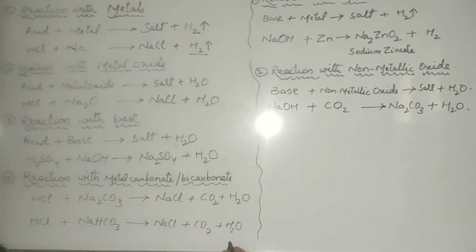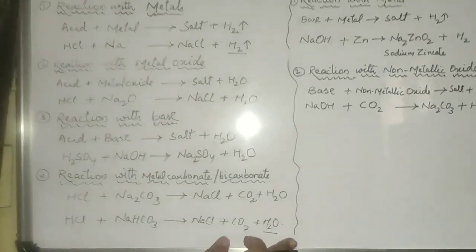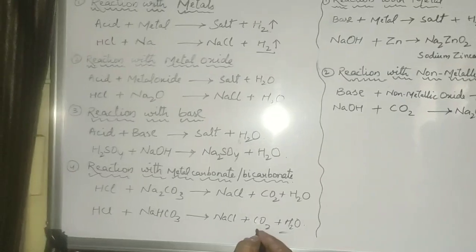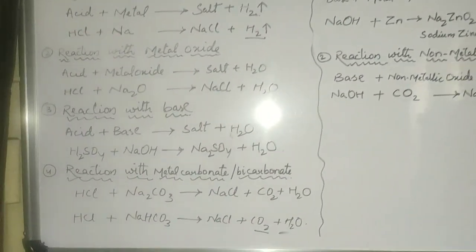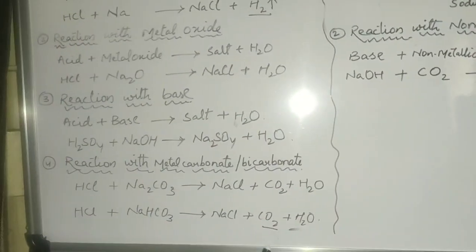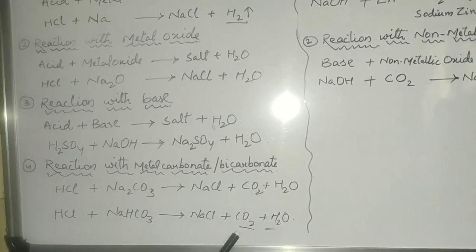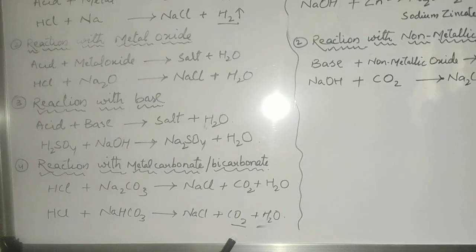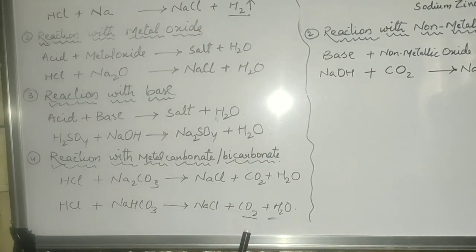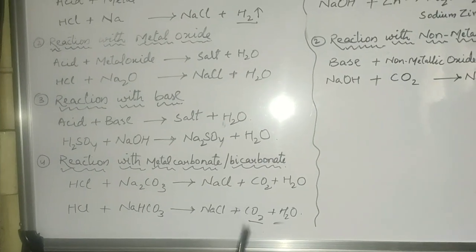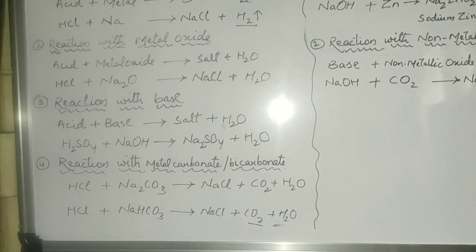Now, how can you check this carbon dioxide's presence? To test the presence of carbon dioxide, we can bring a burning matchstick nearer to it. If the burning matchstick gets extinguished, this confirms that carbon dioxide is released.